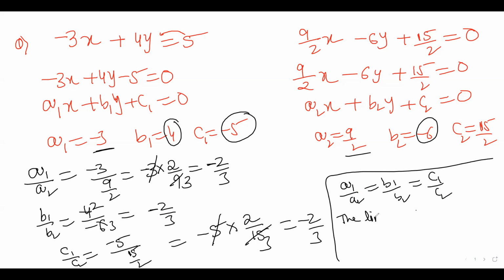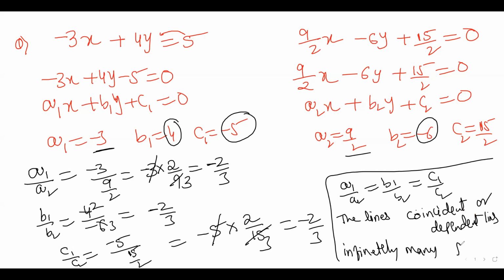Coincident lines are also called dependent lines, and they have infinitely many solutions. Okay.